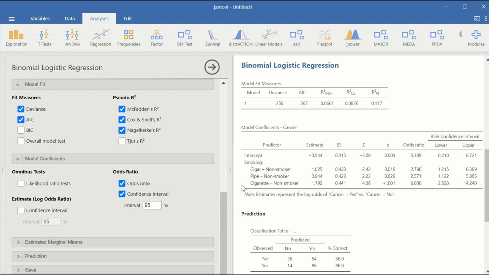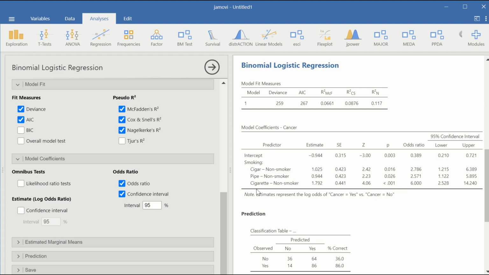For the second category, which is pipe compared to non-smoker, those who smoke pipe have an increased odds of 2.5 compared to non-smoker. So smoking pipe increases the probability of developing cancer.